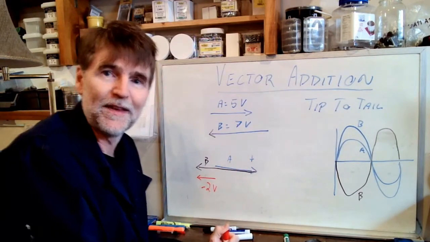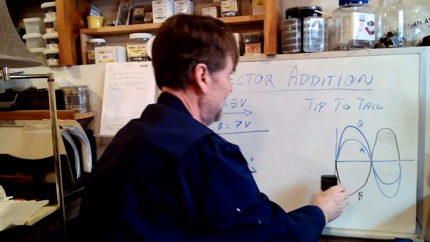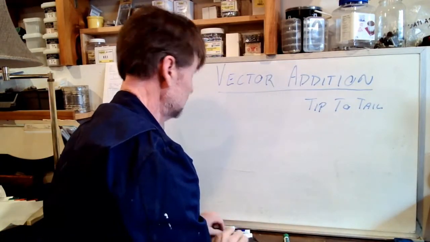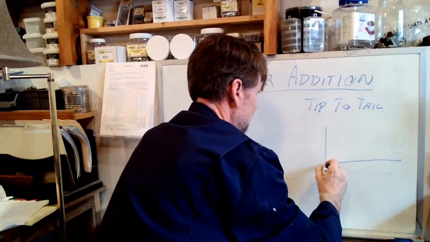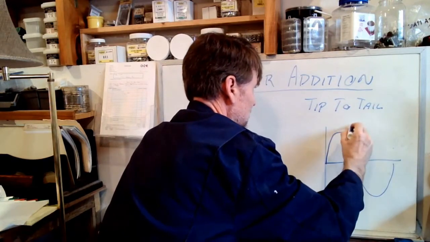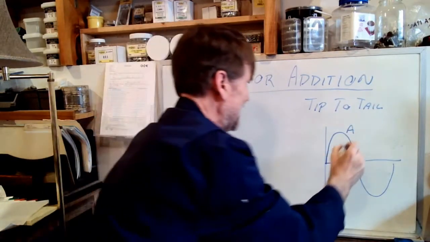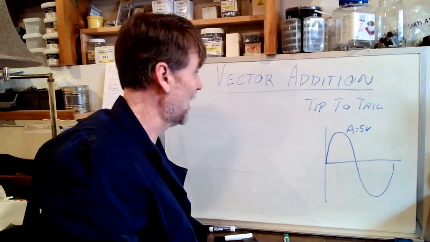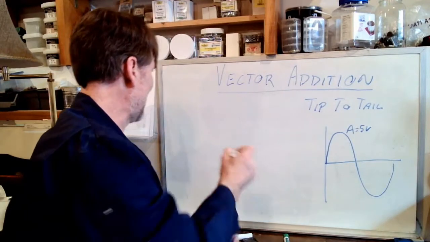Here's where things get complicated. Let's try this again. Let's leave A exactly where it was. That was the same voltage A and vector A we had before.